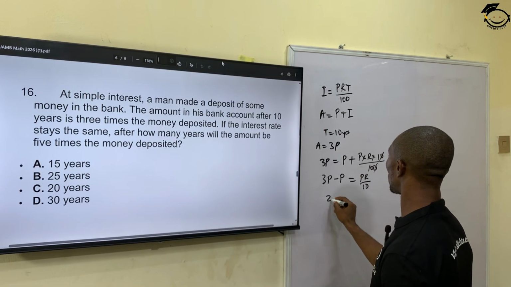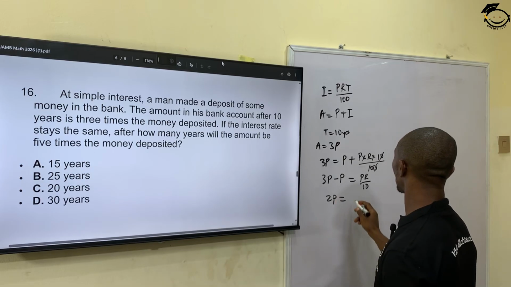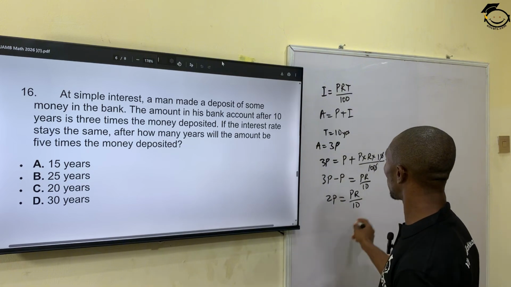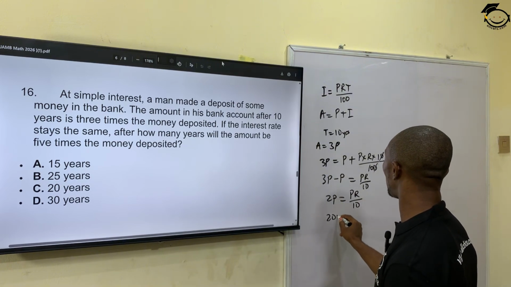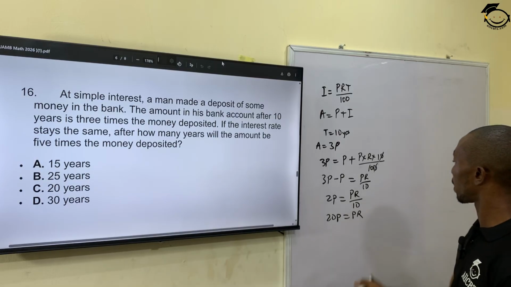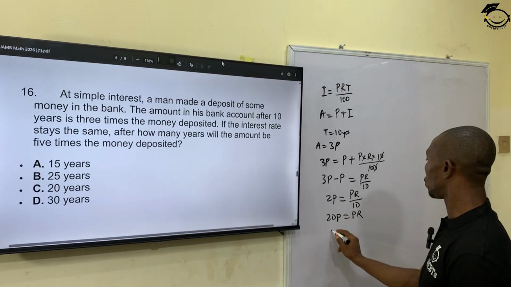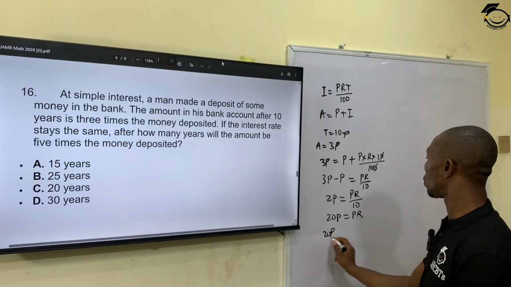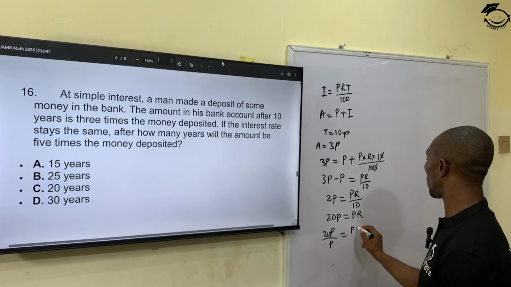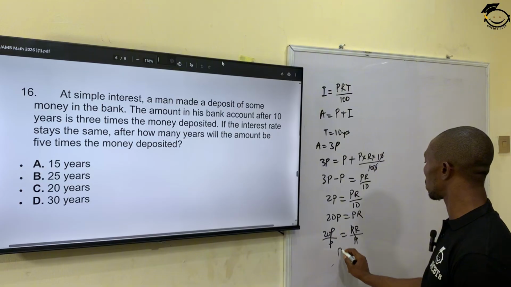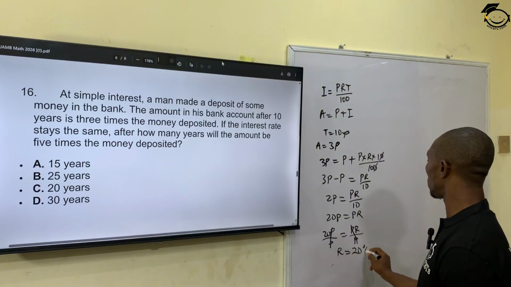So this will give us 2p equals PR over 10. So if you cross multiply, we are having 20p equals PR. So divide both sides by p. So this will become our rate, 20p over p equals PR over p. This cancels, leaving us with rate equals 20%.